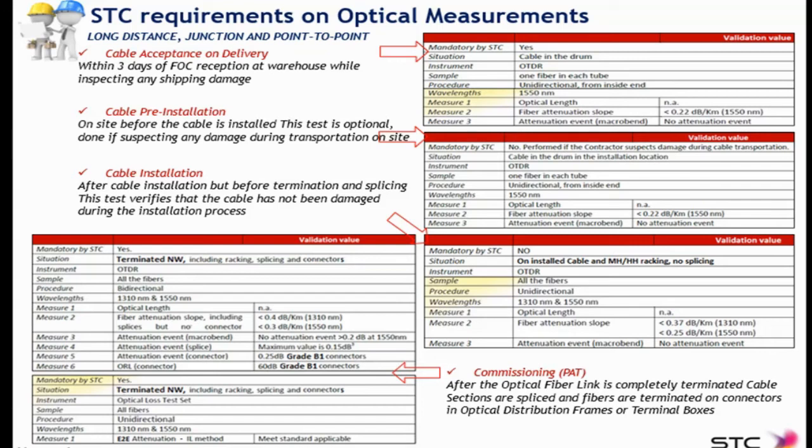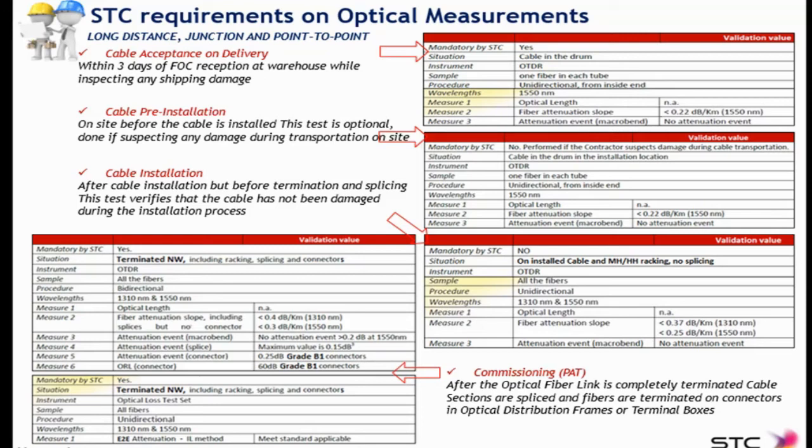Then the cable pre-installation, which is not mandatory, as I said, is done exactly the same as the previous one, and the result expected is also exactly the same. Fiber attenuation slope lower than 0.22 dB per kilometer. On the cable installation test, we have to measure all fibers, not only 1 fiber per tube.